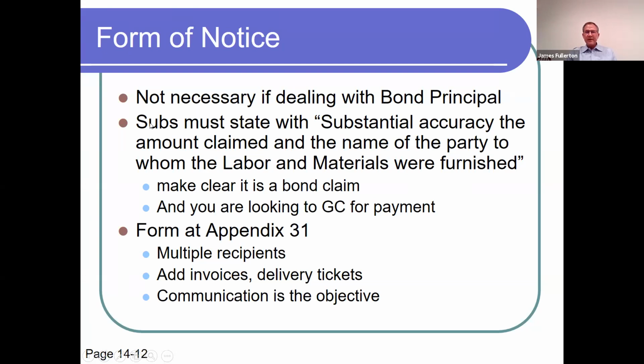A subcontractor who does not have a contract with the bond principal must state with substantial accuracy the amount claimed and the name of the party to whom the labor and materials were furnished. That's a pretty easy test to pass. You just have to know who you have a contract with and how much you're owed. The real trick is that you have to know who the bond principal is.